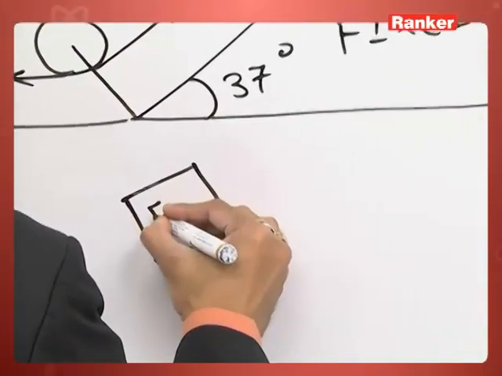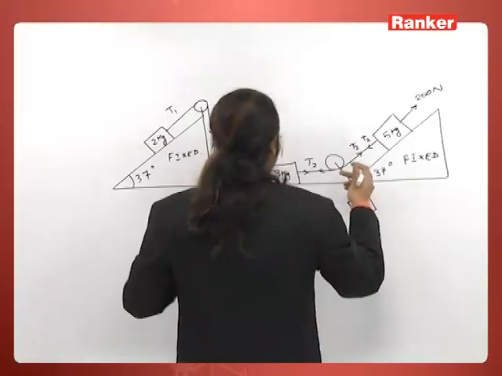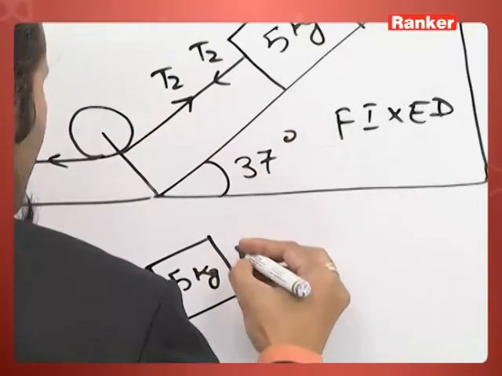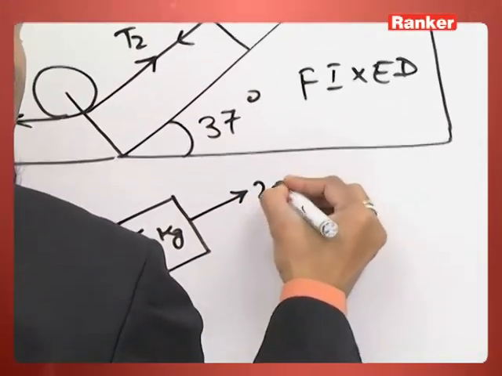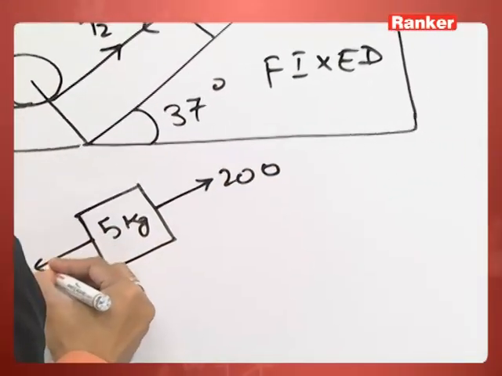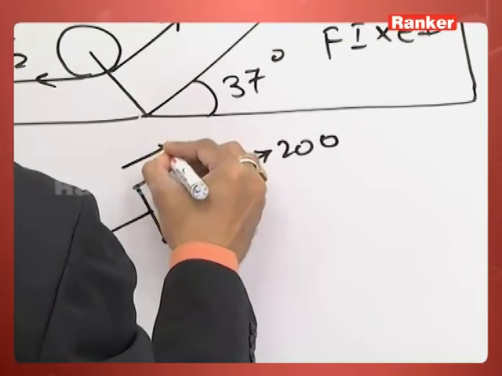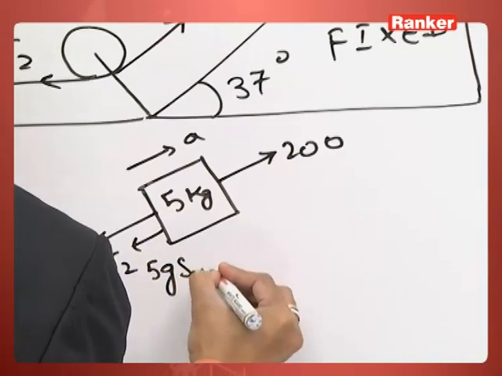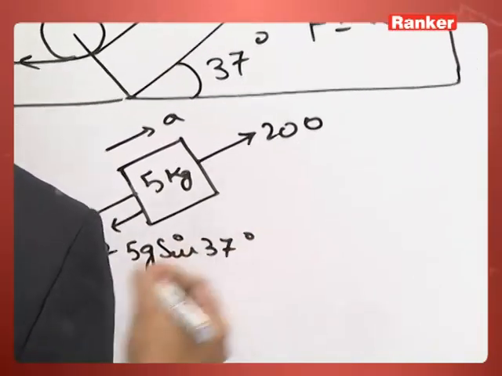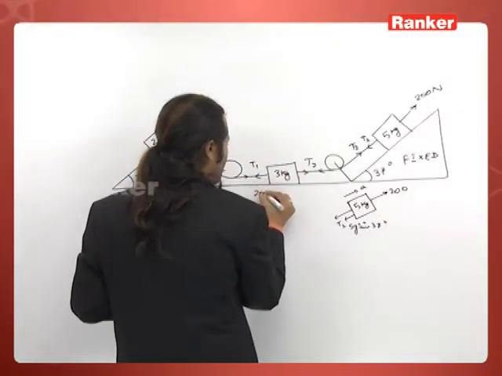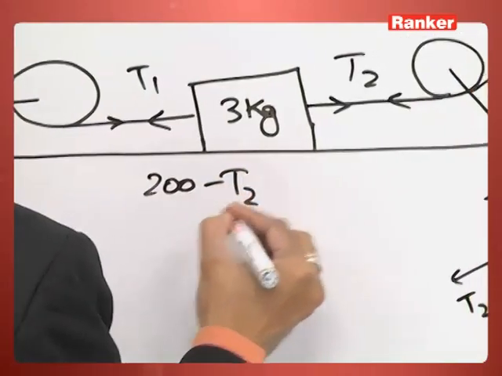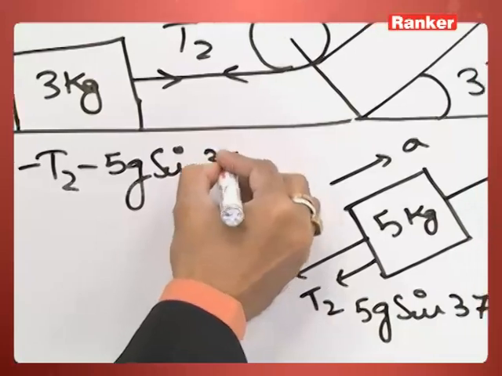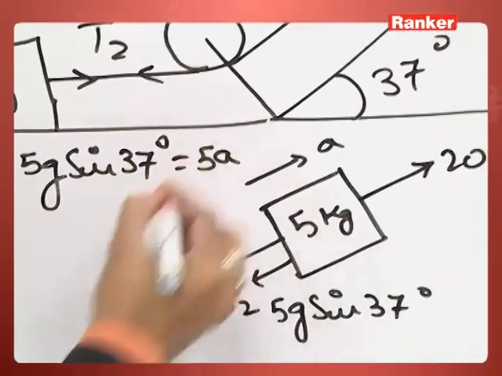Let us say the 5 kg block is moving upward. So 200 is in this way, T2 is in this way, acceleration like this, 5g sin 37 in this way. So I can write 200 minus T2 minus 5g sin 37 is equal to 5a.